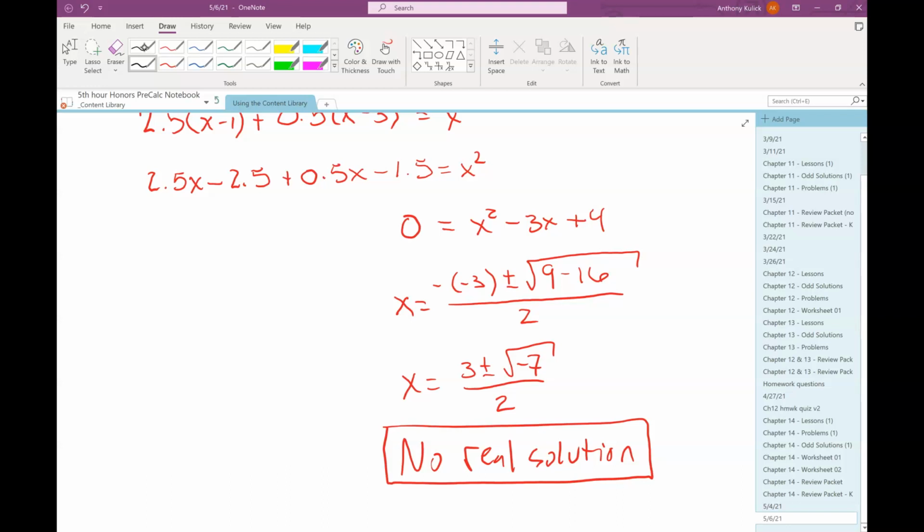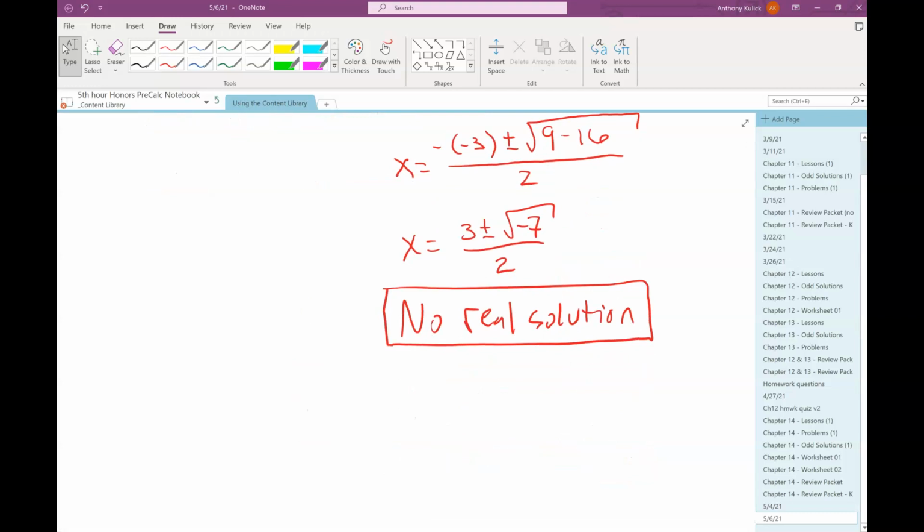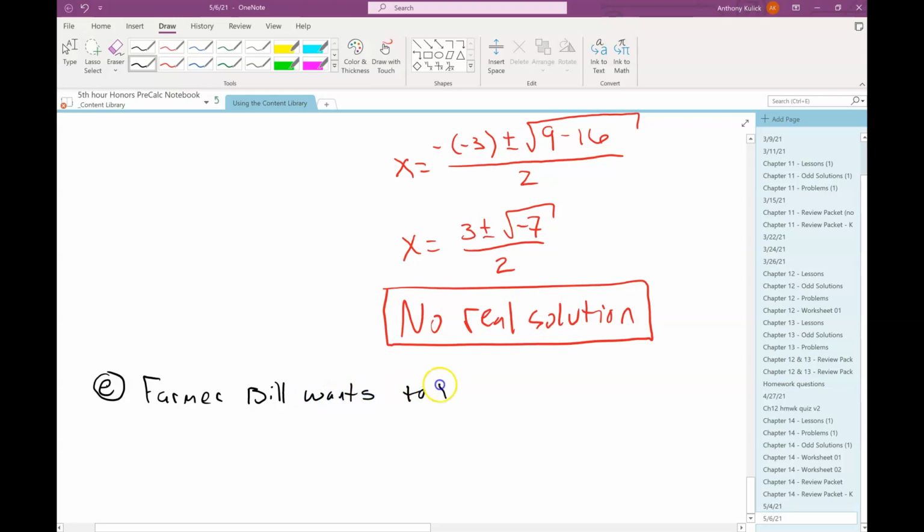And one last example is a story problem. What letter are we on? E or something, maybe? So Farmer Bill wants to fence in a rectangular pasture.